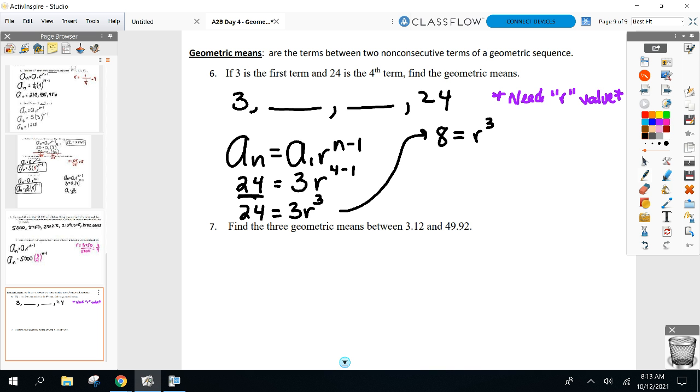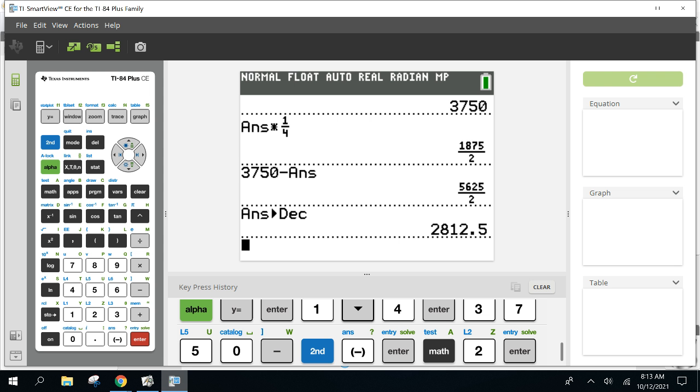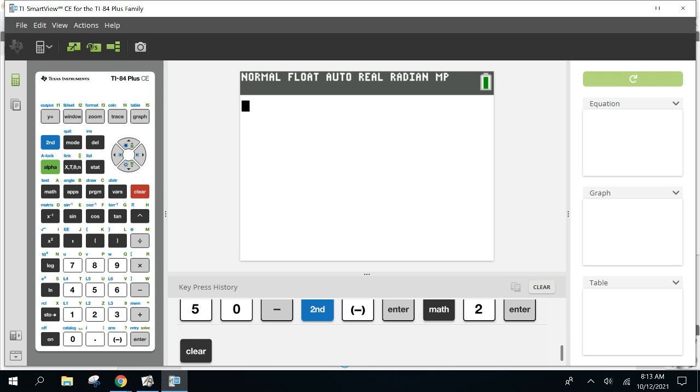All right, now here's where I got to take over and show you some stuff on the calc. Usually if that was a 2 there, you take the square root. Now it's a 3, so I take the cube root. Now go to your calculator. I'll show you where everything is you need. Taking the cube root. If you hit your math button, everyone, math.